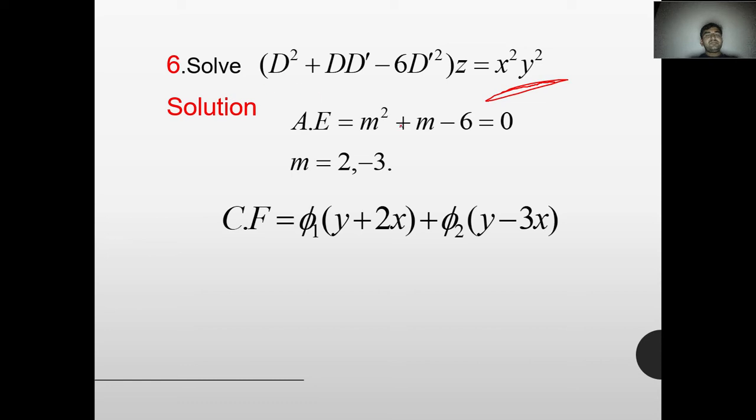We get the two different roots 2 and minus 3. So phi 1 of y plus 2x plus phi 2 of y minus 3x, which is the complementary function.